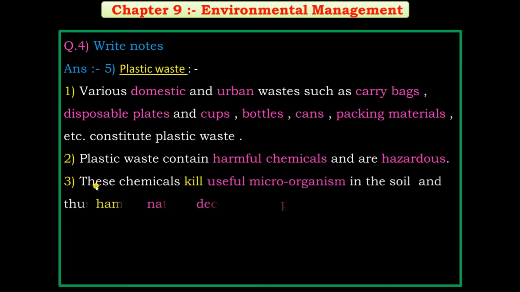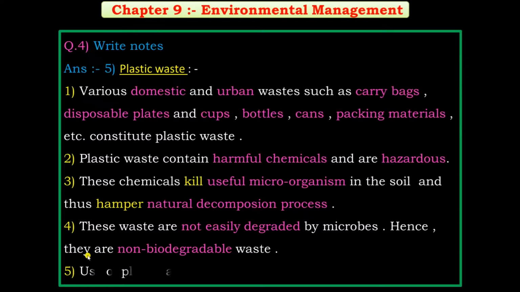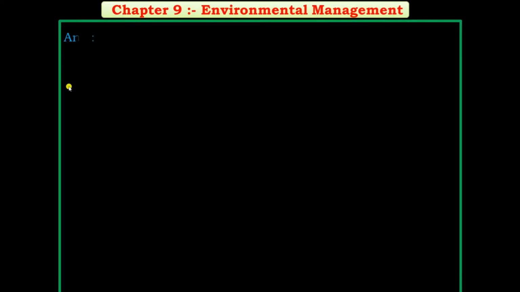Point number 3, these chemicals kill useful microorganisms in the soil and thus hamper the natural decomposition process. Point number 4, these wastes are not easily degraded by microbes, hence they are non-degradable waste. Point number 5, use of plastic articles should be avoided.